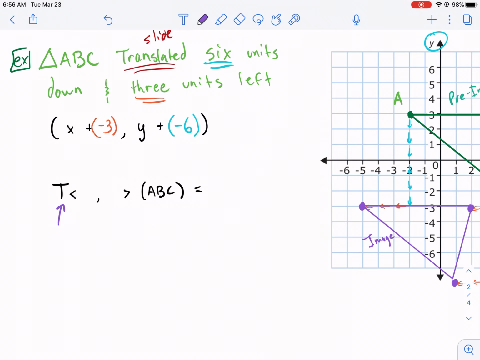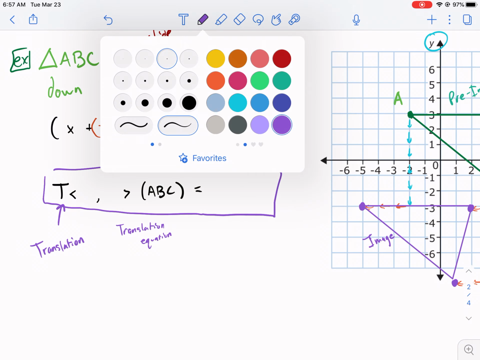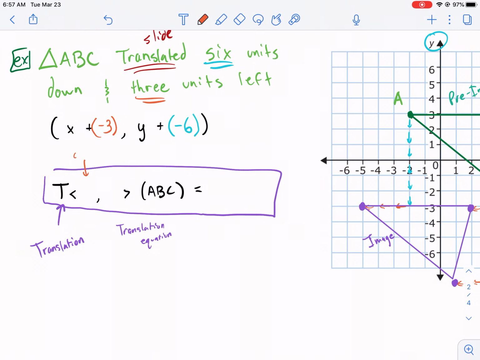Well, here's a T. The T stands for translation. This is how we write it. This is like the formula for translation. This is our translation equation. Okay? In this first spot, we put our change in x. So in this case, we put negative 3 because we went 3 to the left.